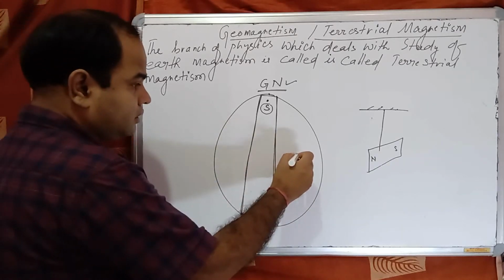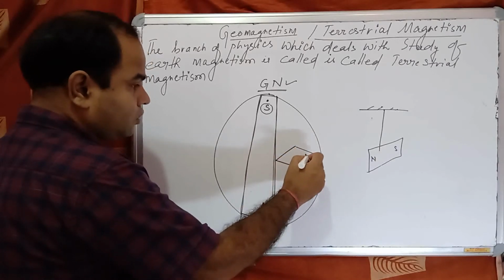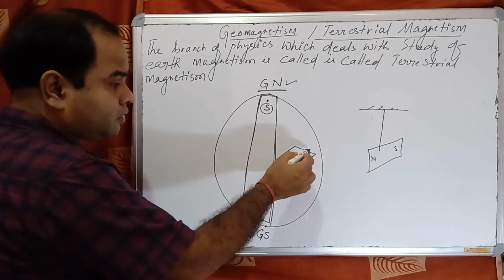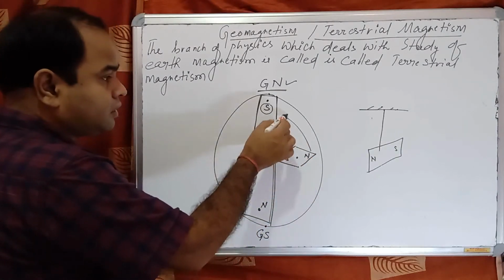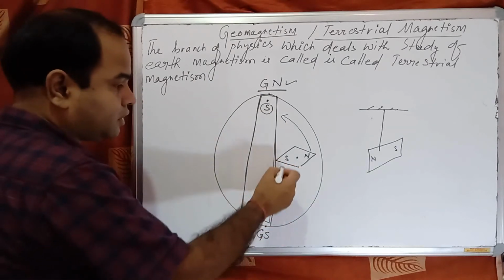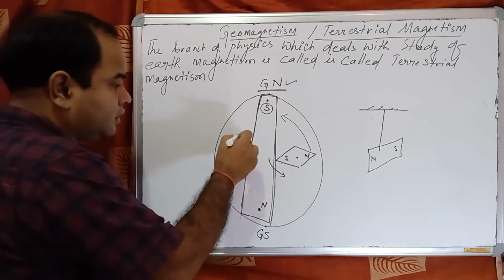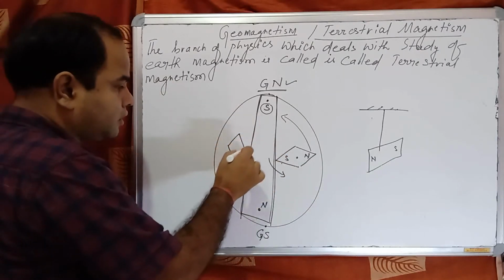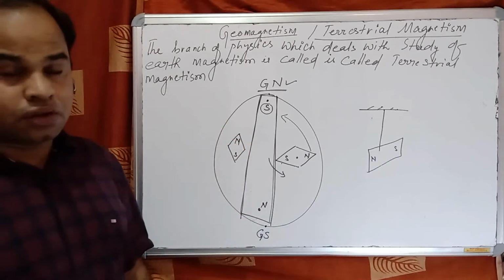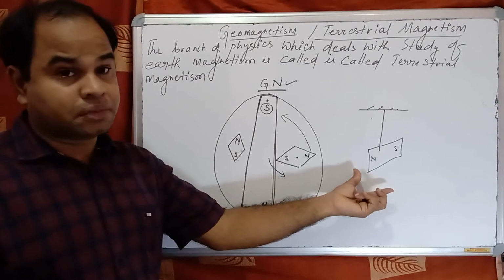Let us say this is a compass, with a north and a south. The north of this compass will be attracted towards the south of this earth magnet, and the south will be attracted towards the north. So that's why it always remains in the north-south direction. The same is the case in this bar magnet.